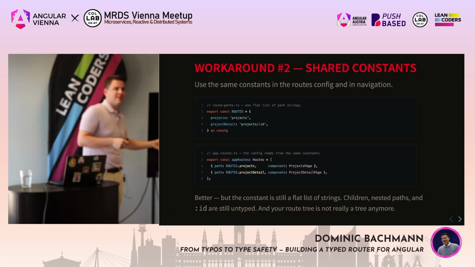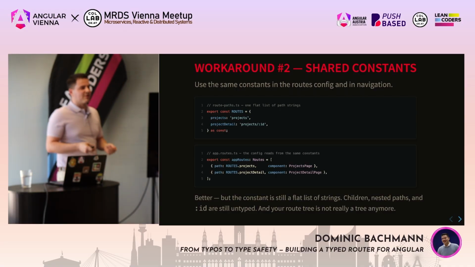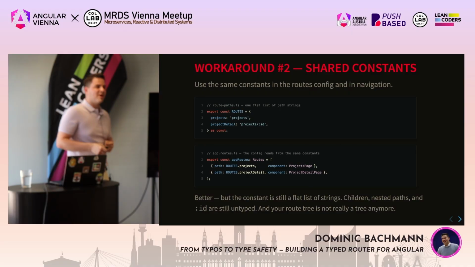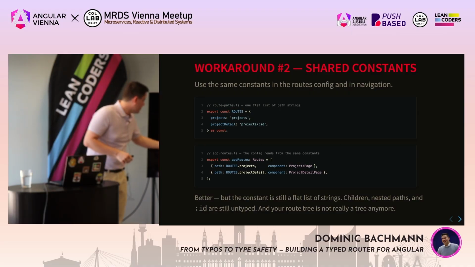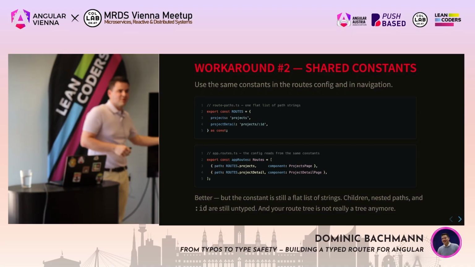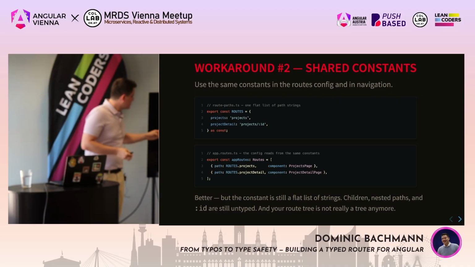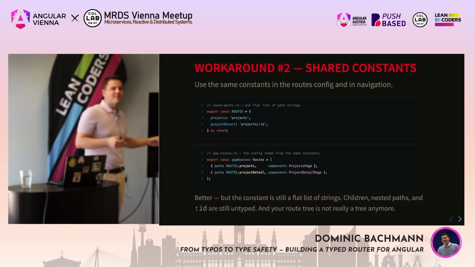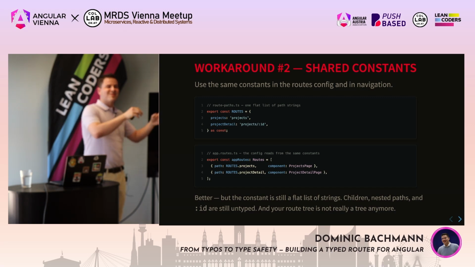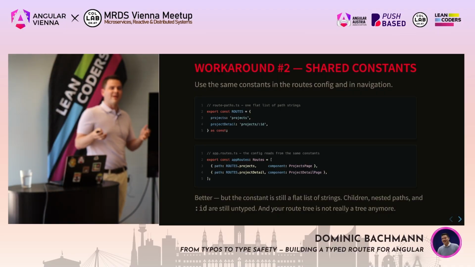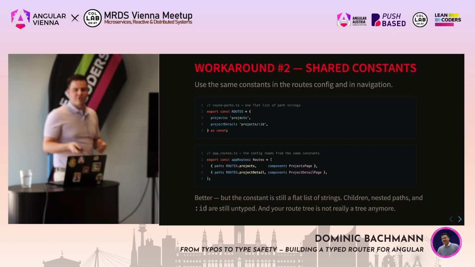It's just a flat array. But the Angular router is not flat, right? It's a tree structure. And now how do you define that with the constants? It's not really possible. I saw some hacks doing it, but then they strip prefixes. So in the child routes, they would reference the constant and strip the prefixes, but again, not very nice, and no real runtime validation that your code works.